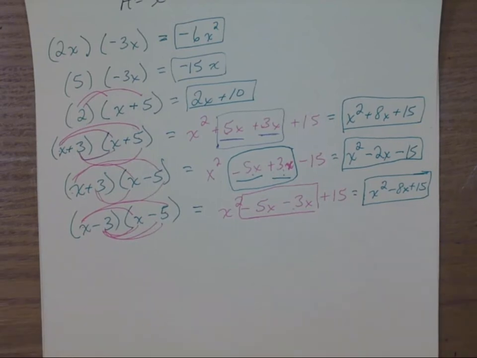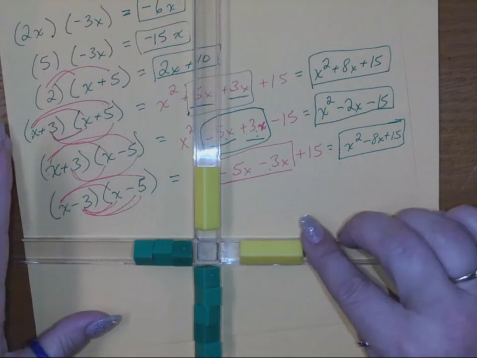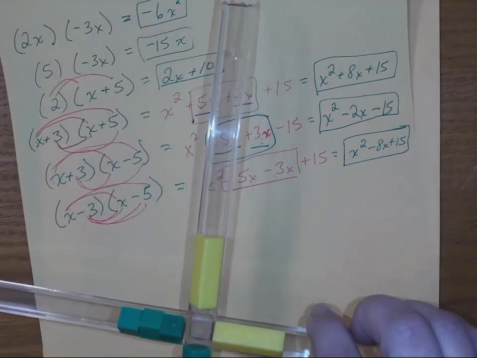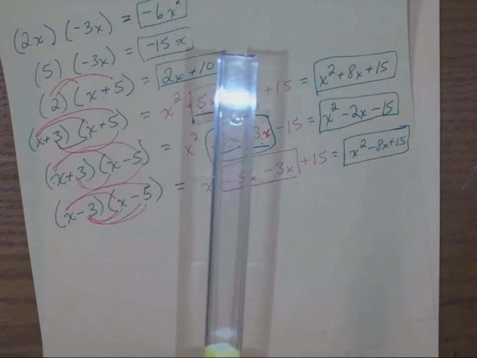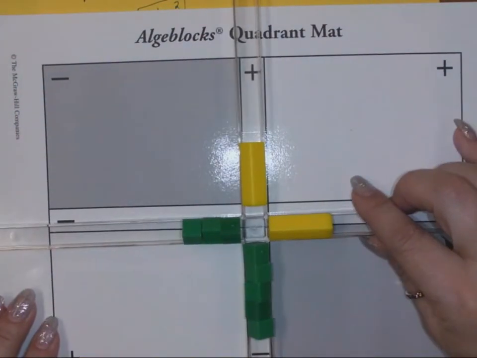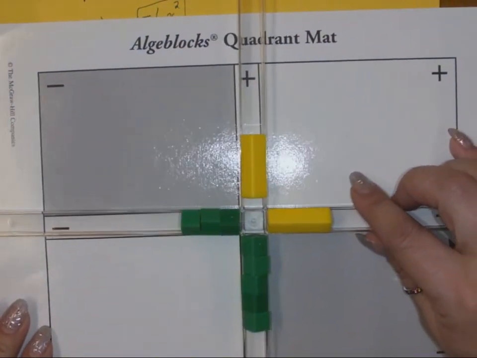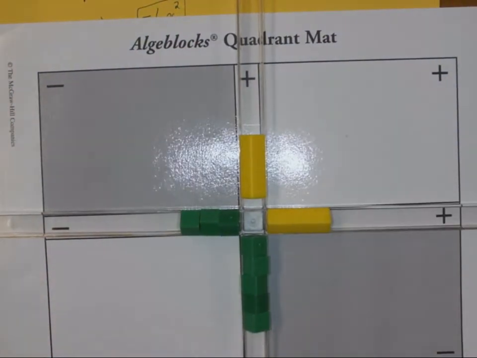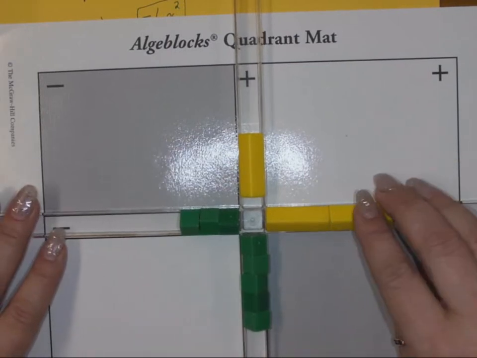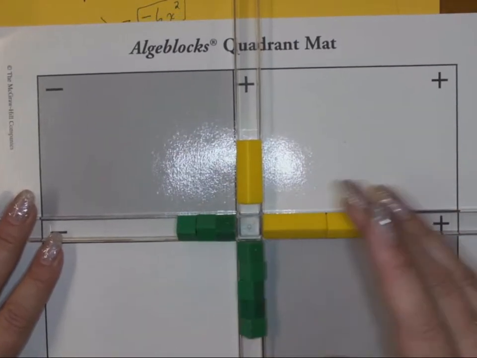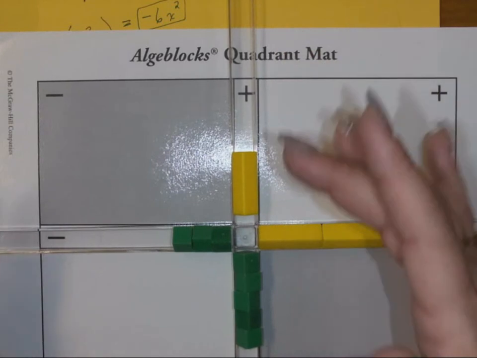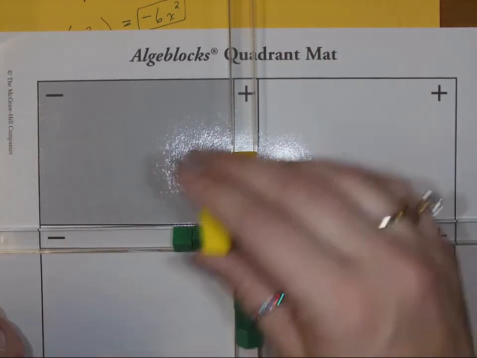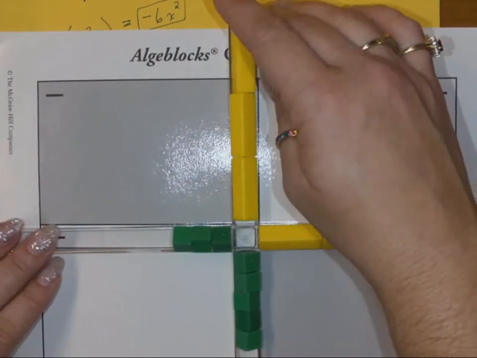Everybody realizes, I hope, that, for instance, if I wanted to make this problem into 2x minus 3, oops, let me get rid of that. Sorry, 2x minus 3, then it would just be a simple matter of extending this factor to 2x minus 3. Or I could make this 3x minus 5 by just extending this factor a little bit higher.